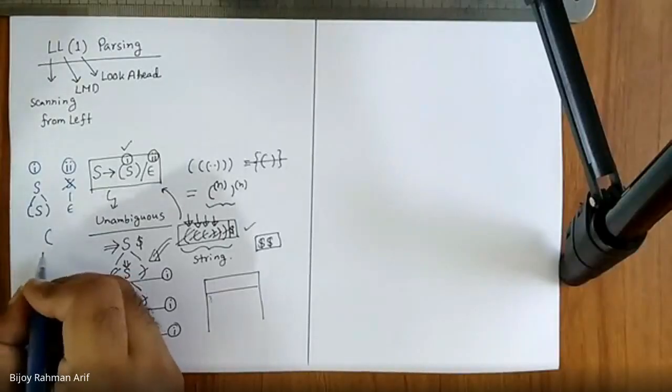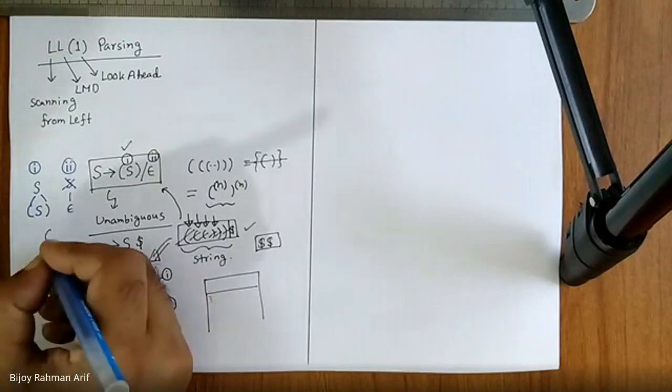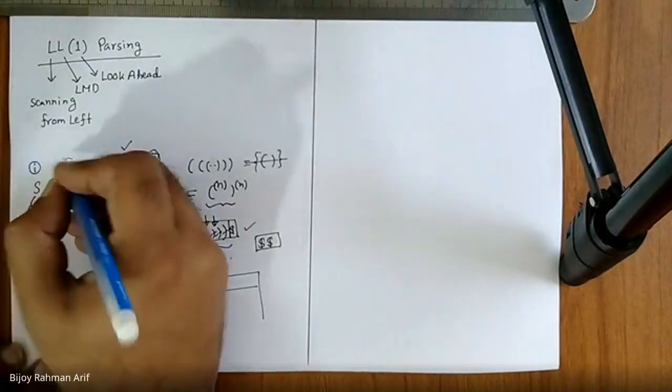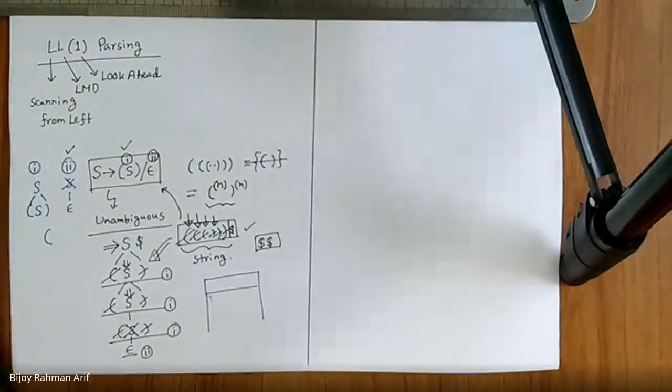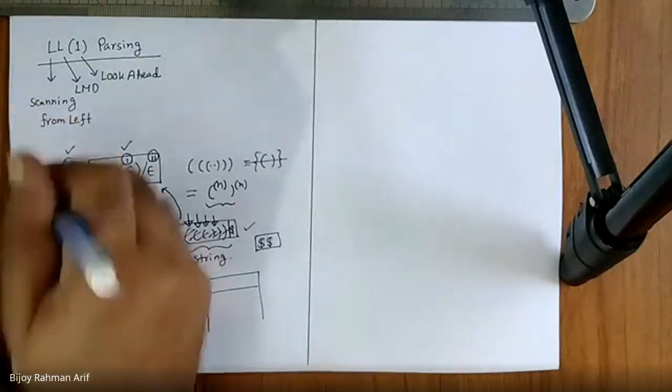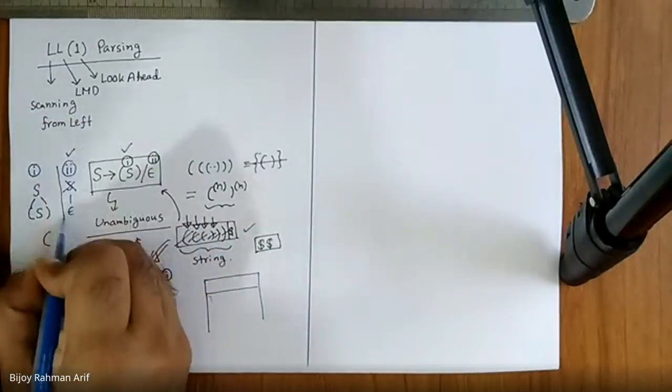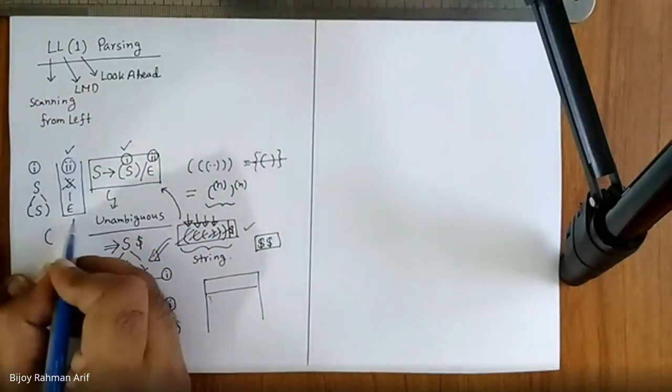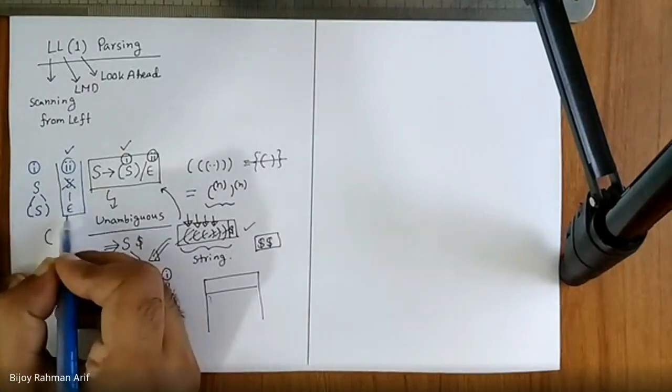Yes, sir. So if I want to generate the open parenthesis, which is inside the string, is it anyhow possible to use rule number 2? No, sir. Because if you use the second production, it can never generate open parenthesis, because S directly derives to epsilon.